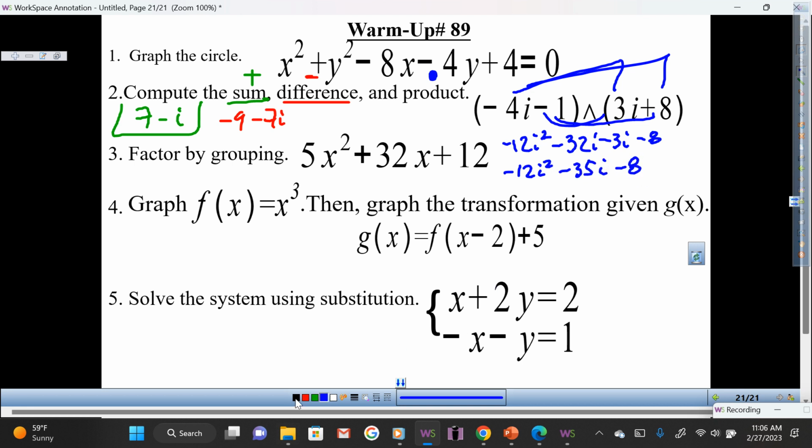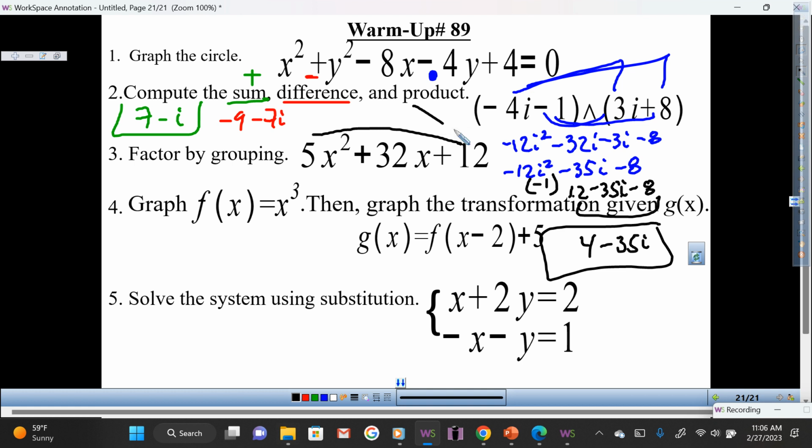However, the i squared is what, everyone? Negative 1. So negative 12 times negative 1 is 12, minus 35i minus 8. Combine like terms, so this is 4 minus 35i. Hands up if you got that by yourself. All right, good.